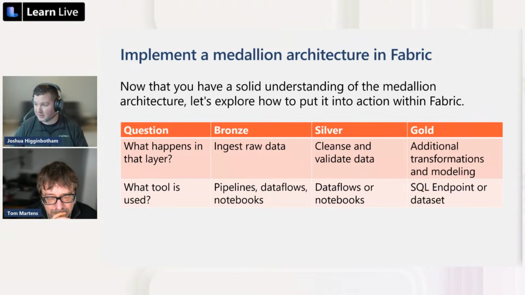We're going to then take that data from our raw bronze layer, if you will, and we're going to go through our cleansing validation routine. These things could be like deduplicating your data, eliminating null values, whatever you may need to do. And we're going to leverage data flows or notebooks to be able to facilitate that type of work. And then once we go into gold, that's where we're going to do some of that business logic type transformations.